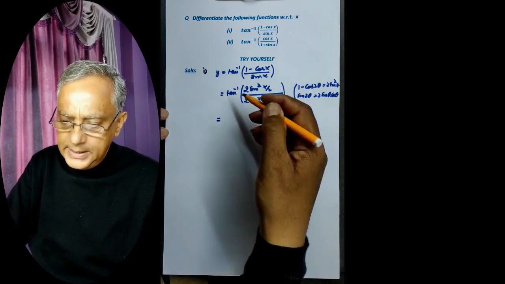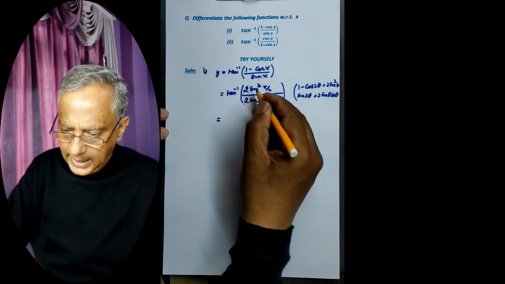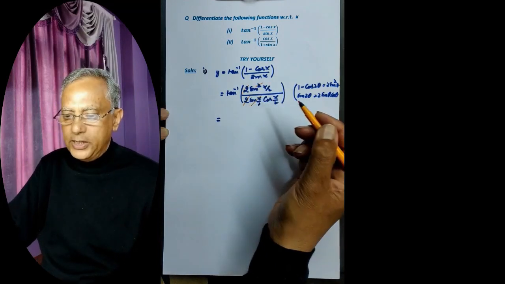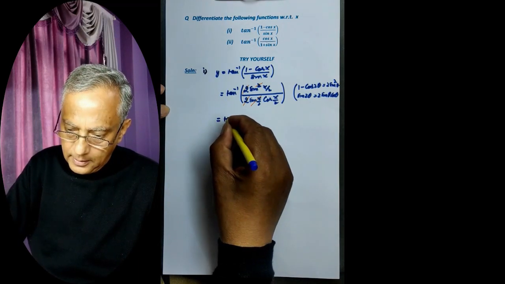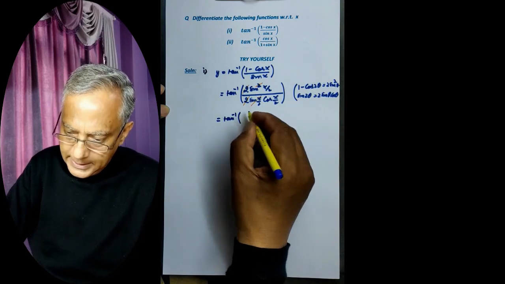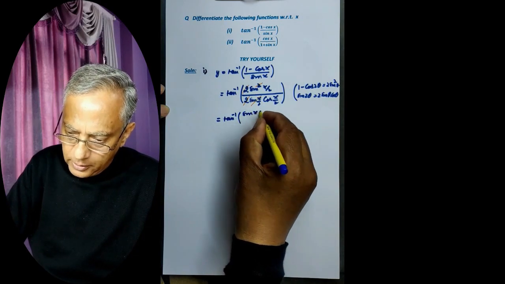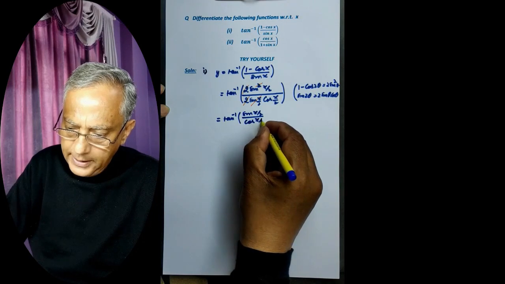Now we can cancel this 2 with this 2 and sine x by 2 with sine x by 2, and we are left with tan inverse of sine x by 2 whole divided by cos x by 2.